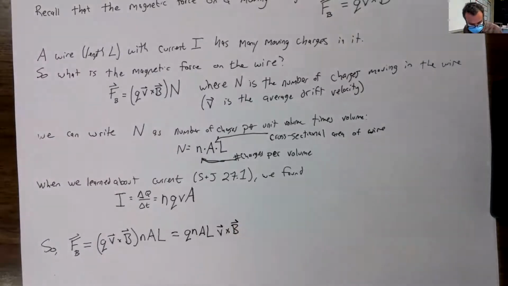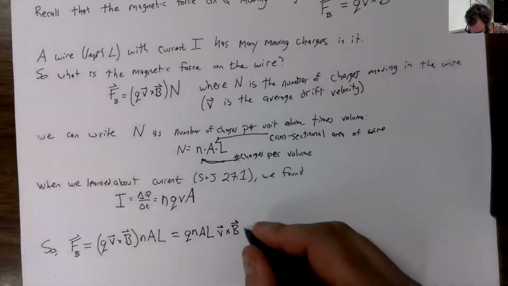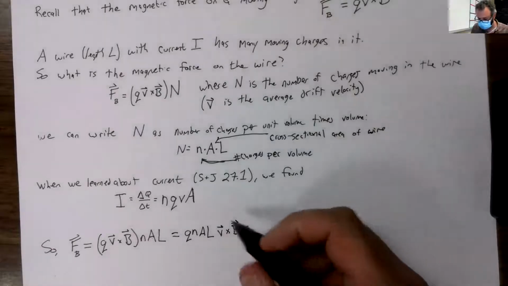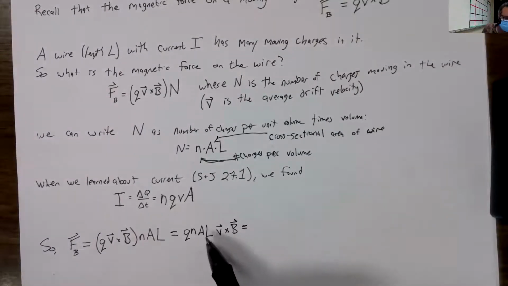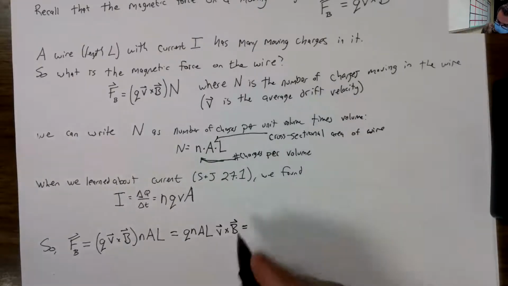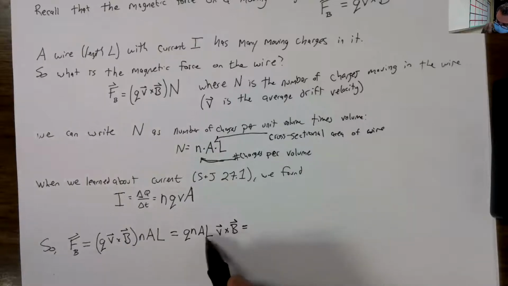Now I'm going to make a little bit of a switch here, because I know the direction. This L is the length of the wire, and I know that the drift velocity is along the length of the wire. The current flows along the length of the wire. So I can put the direction onto the length of the wire instead of the velocity. Does that make sense?